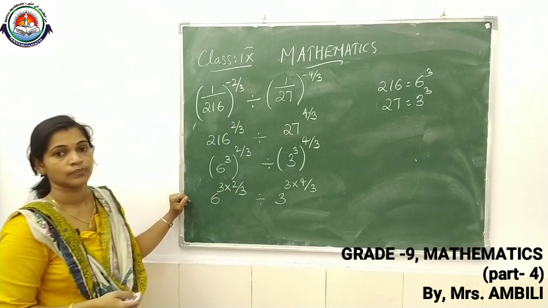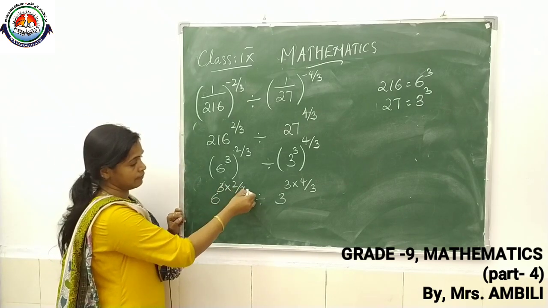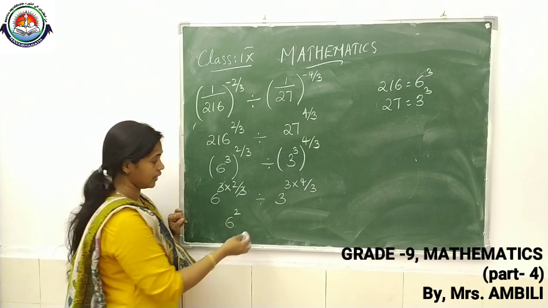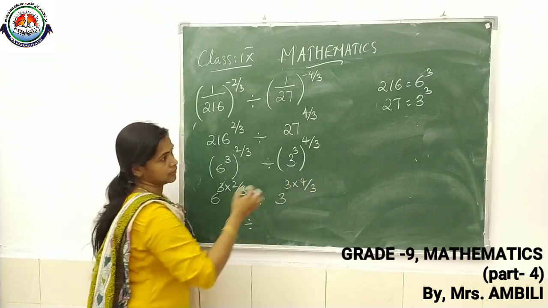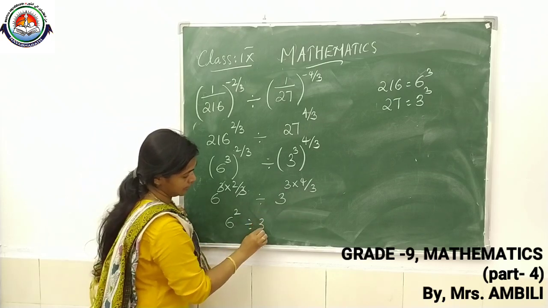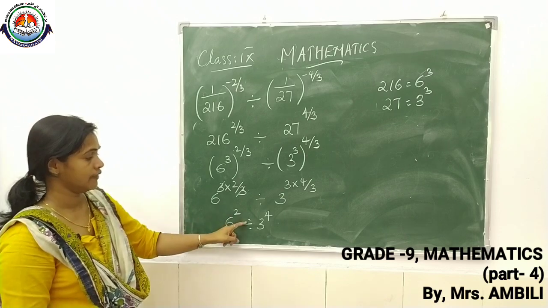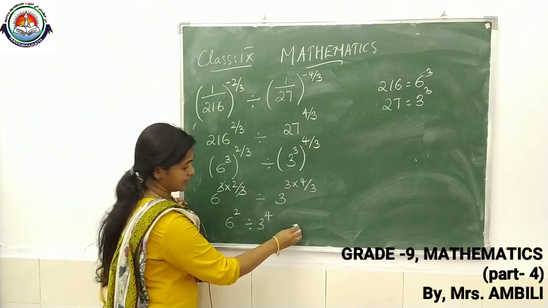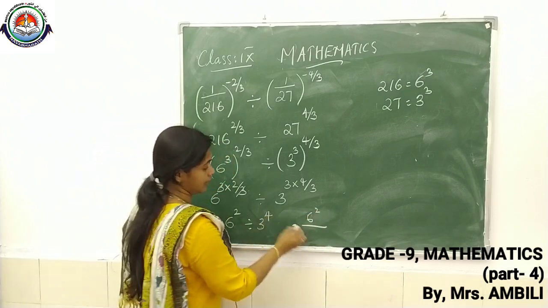Here also 3 and 3 cancel, what is remaining? 6 square divided by 3 raised to 4. Okay, 6 square divided by 3 raised to 4. How can we write? 6 square by 3 raised to 4.